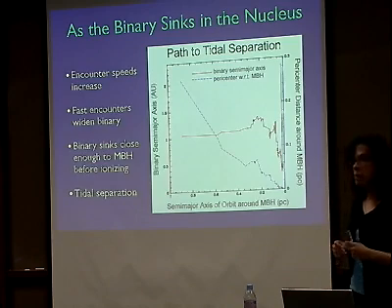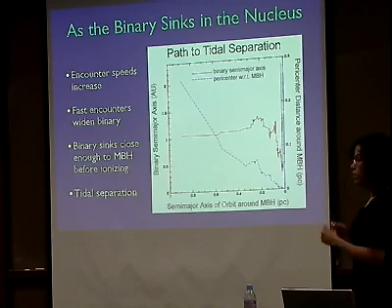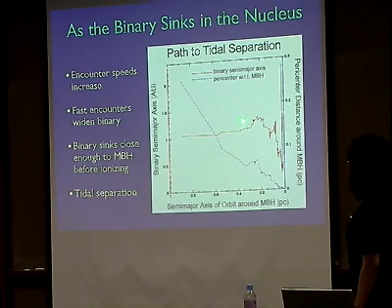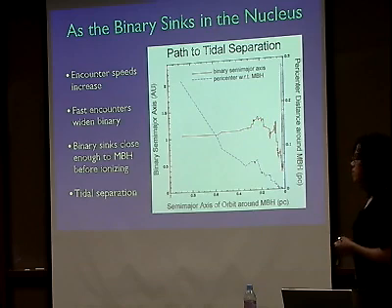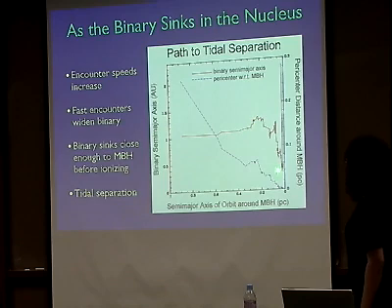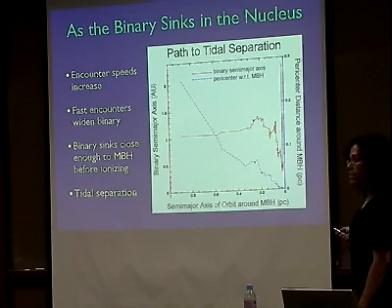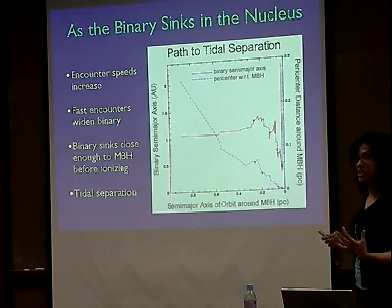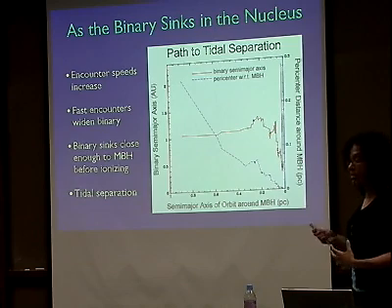So what happens internally to the binary itself? I added to the plot the binary semi-major axis, which is this red curve, and we can see that each encounter sort of jostles the semi-major axis around. In this region, with a little bit of ups and downs, there is a fairly consistent decrease in semi-major axis. So it's tightening in that region. That lets us know that the binary is hard in that region, since hard binaries harden.